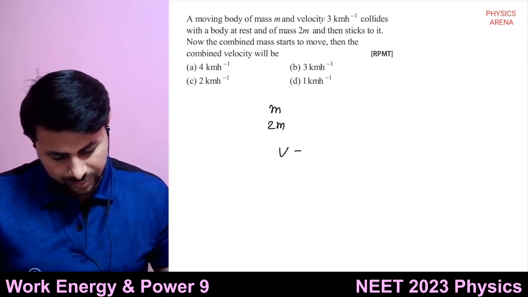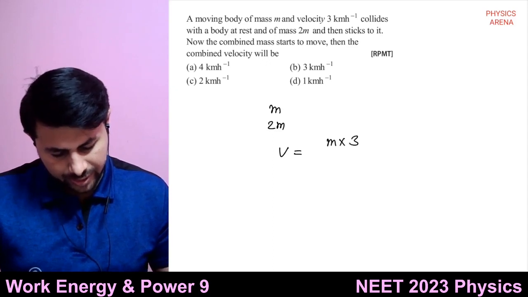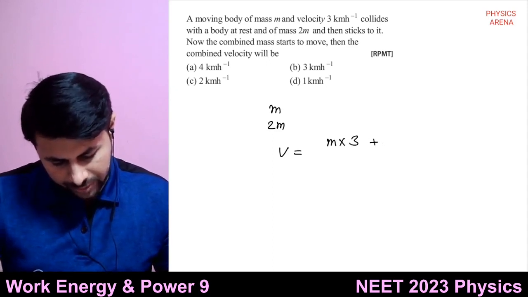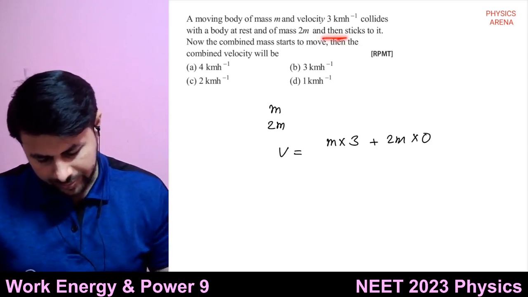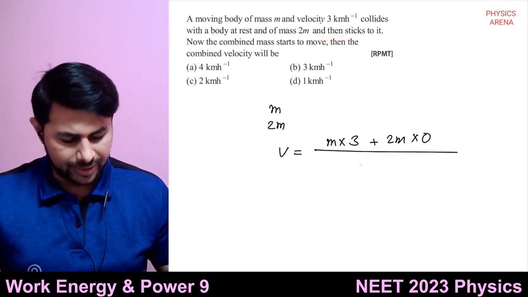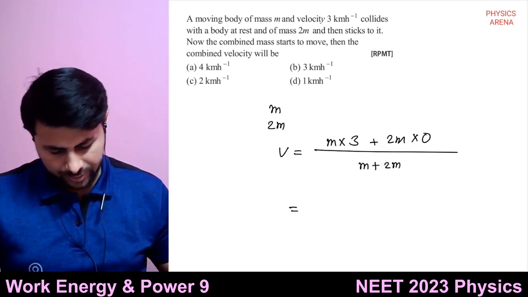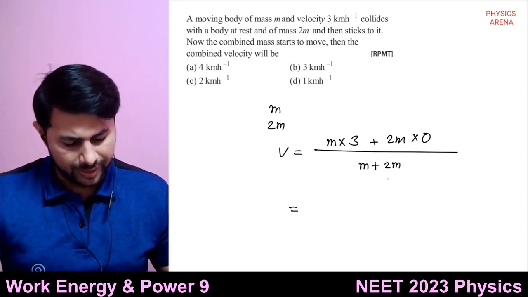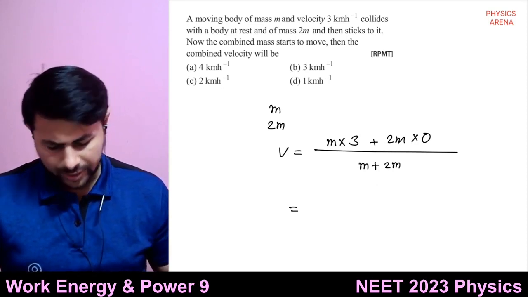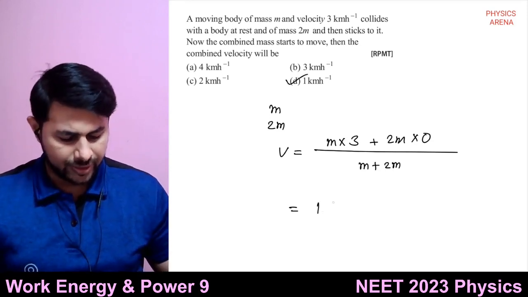The velocity will be m times 3 plus 2m times 0, the velocity of the second mass, divided by m1 plus m2, so m plus 2m. So 3m divided by 3m is 1 kilometer per hour, right? So 1 kilometer per hour is the answer.